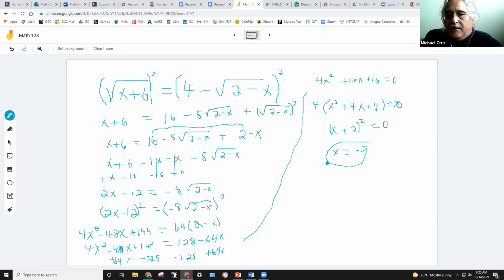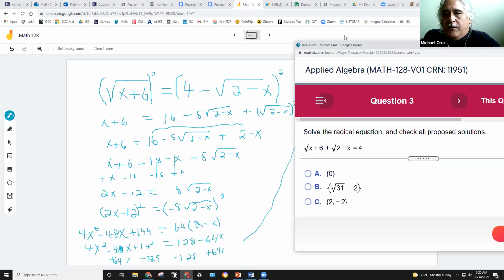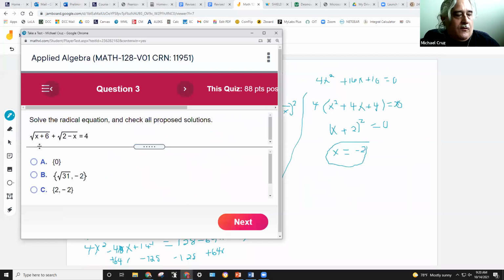Now, here's the thing: does that give us a true statement in the original one? This is what we have to check. I'm just going to briefly check it over here without working it out by hand because it'll just take forever. But if we put negative 2 in here, we're going to have square root of 4.